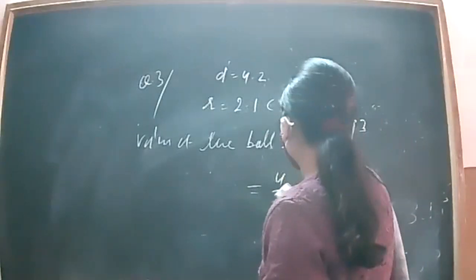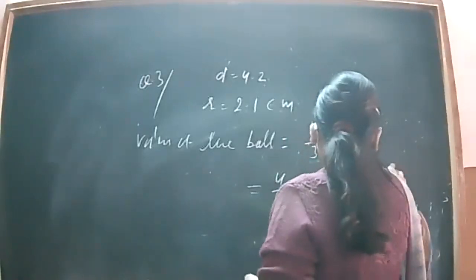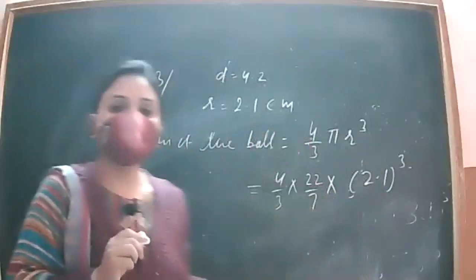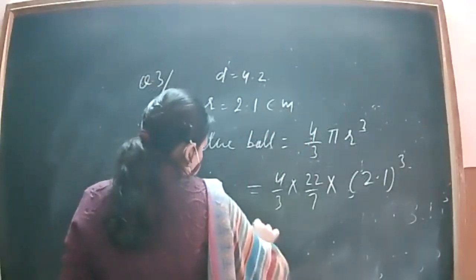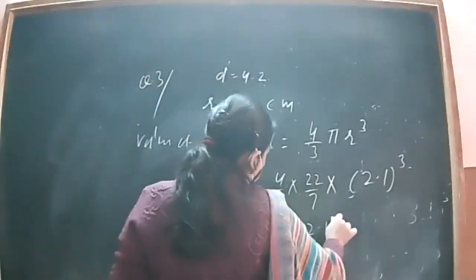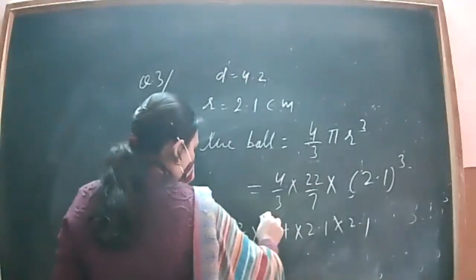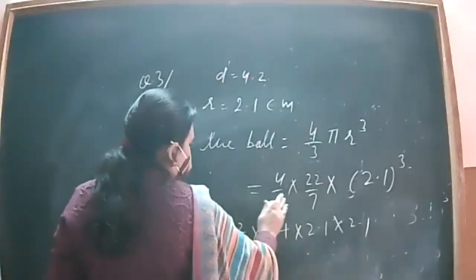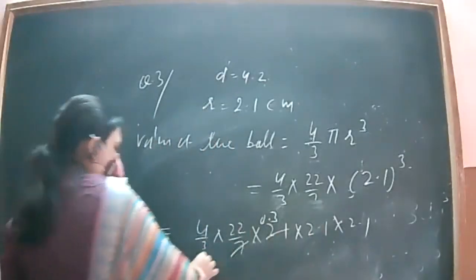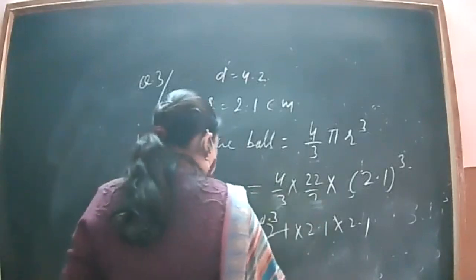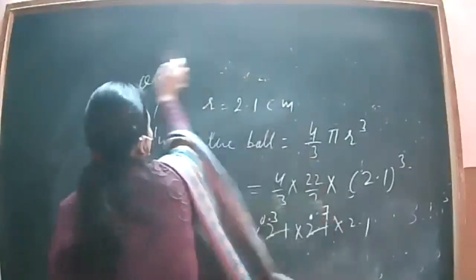And this is further equal to 4 by 3 into 22 by 7 into 2.1, 2.1, 2.1. Okay, so this is 0.3. So this is 0.7.